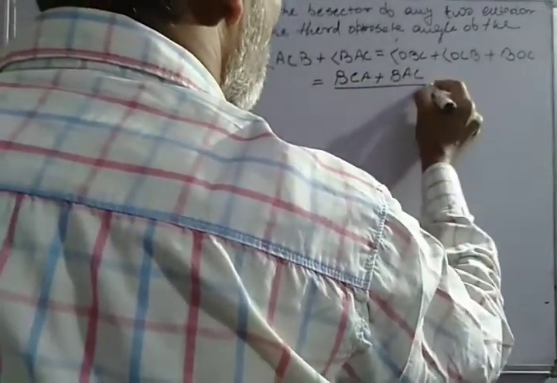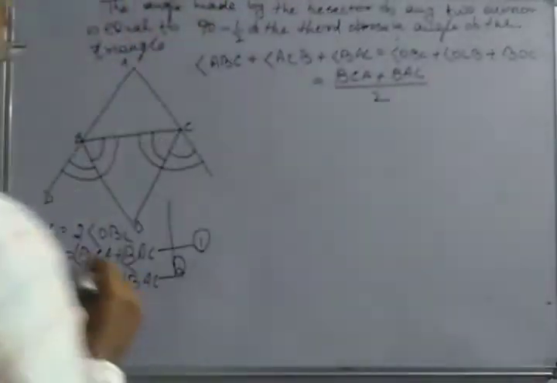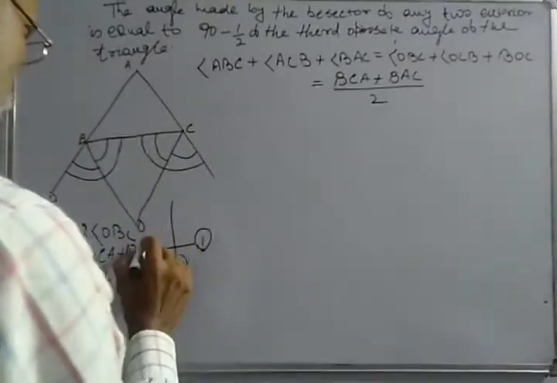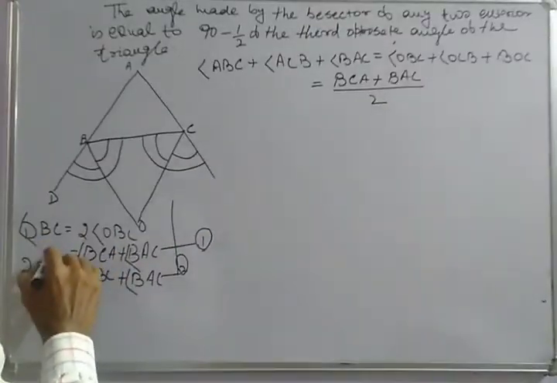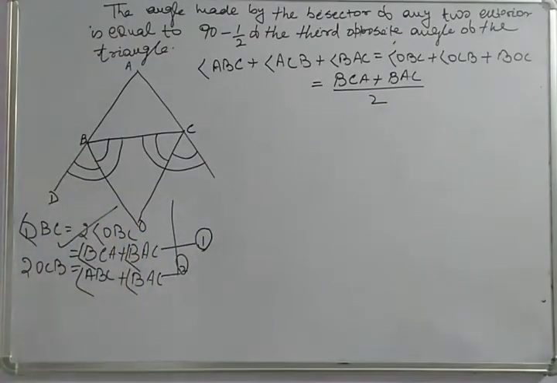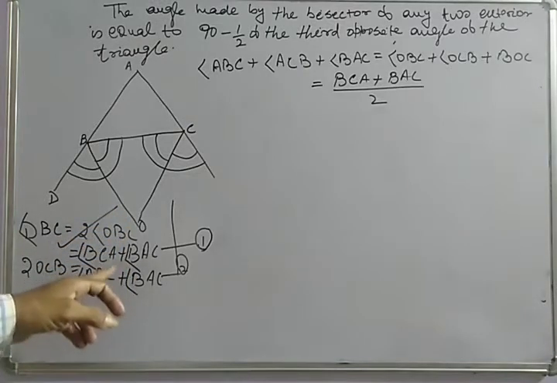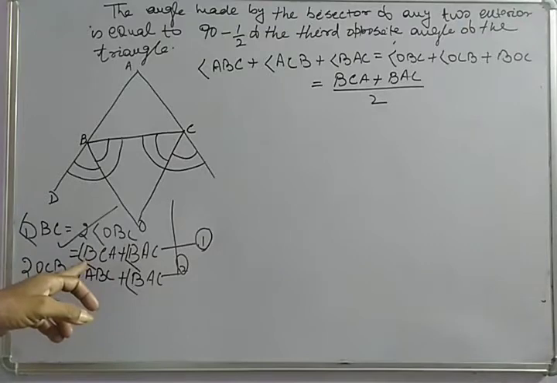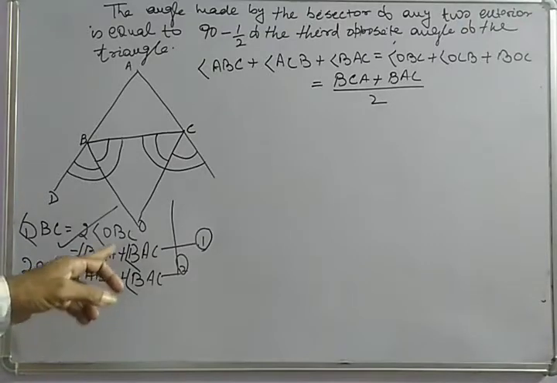by 2, because according to equation 1, I have 2 OBC is equal to BCA plus BAC. So in place of OBC, I can write BCA plus BAC by 2.